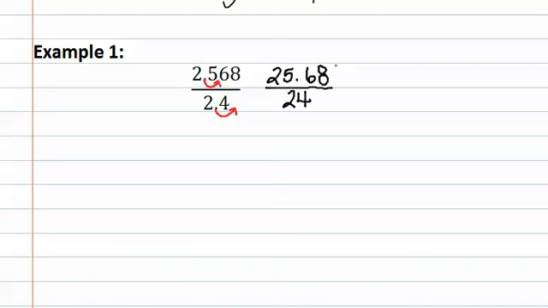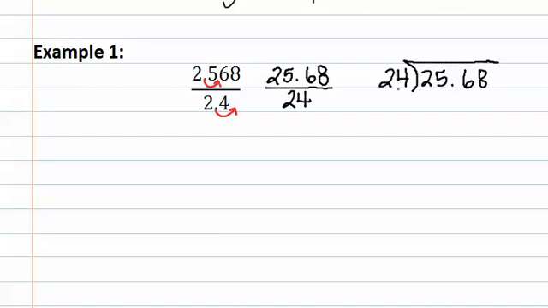We now are being asked, what is 25.68 divided by 24? This means that we put the 24 out front, since it is the second number. We then place 25.68 inside. We can now start the long division.